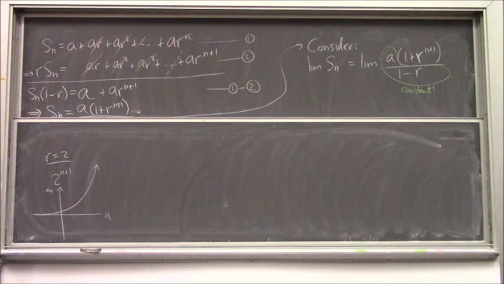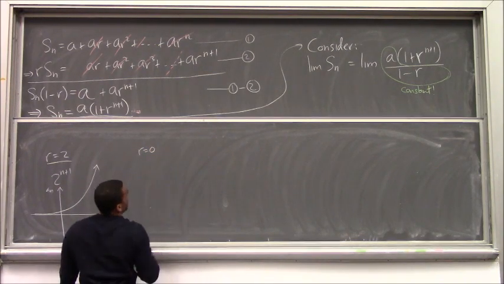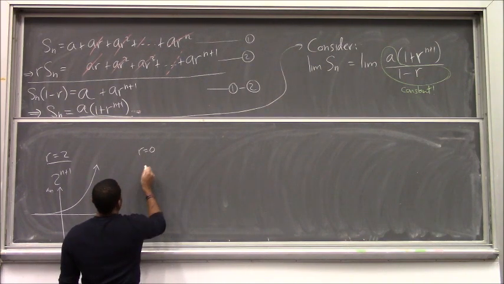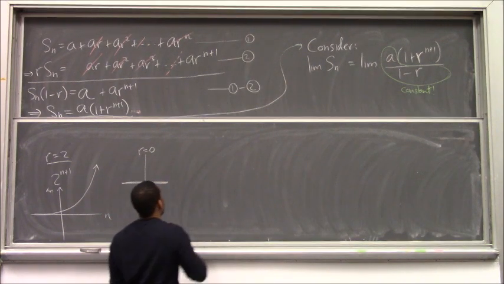Is that the only possibility? Of course, if your r was 0, it's actually never 0. I should have mentioned that. a and r are not 0, because otherwise it's kind of silly. But if r was 0, it would just be a horizontal line like that, so it would just go to 0.